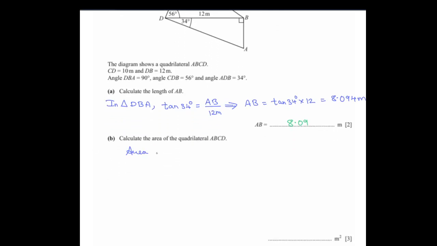So find out the area of the quadrilateral ABCD is equal to half into 12 into 10 into sine 56 plus half into base into height, base is 8.09. No need of unit here.